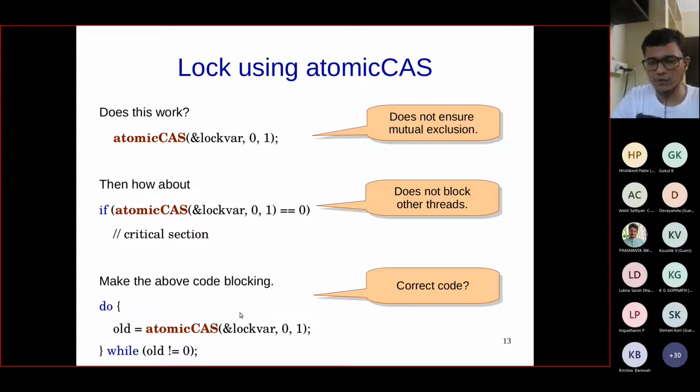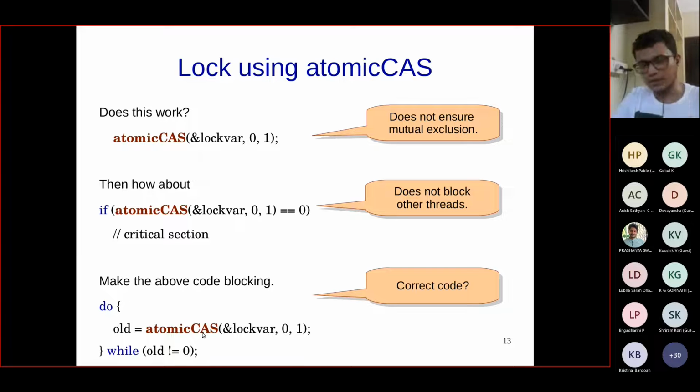Again, since it is set to 0, one of the threads will succeed in checking 0 equals 0 and setting it to 1, and since the old value will be 0, another thread, apart from the one that entered before, will enter the critical section. So the observation is that if you use this code, mutual exclusion is guaranteed in some sense. There is also some issue with this code, but we'll see that later.